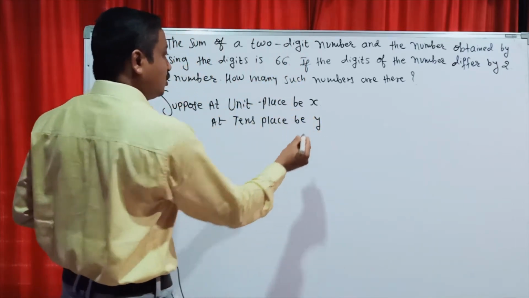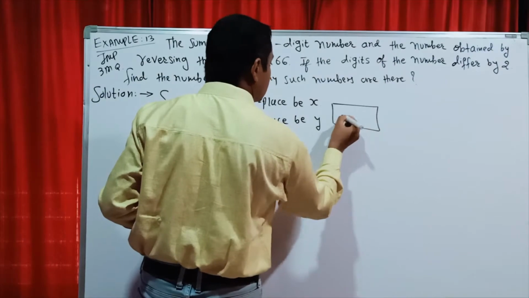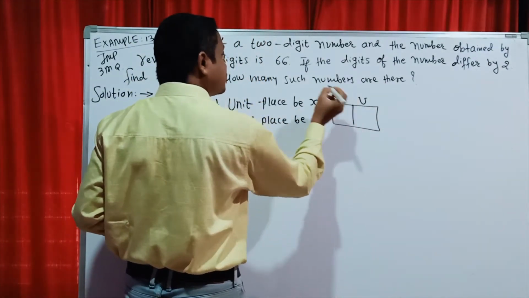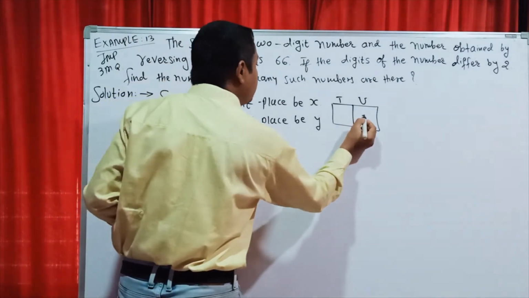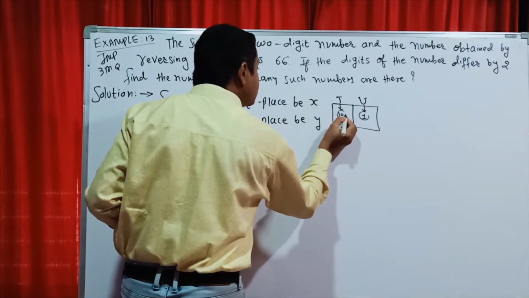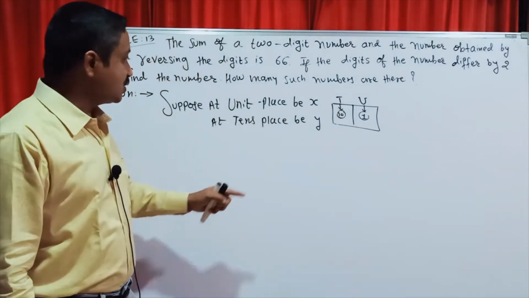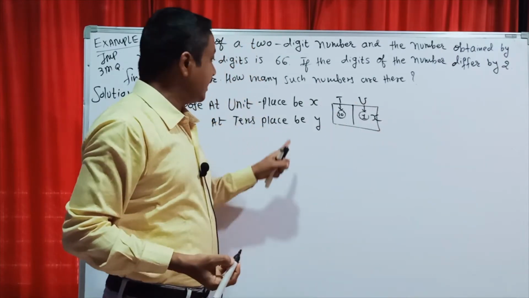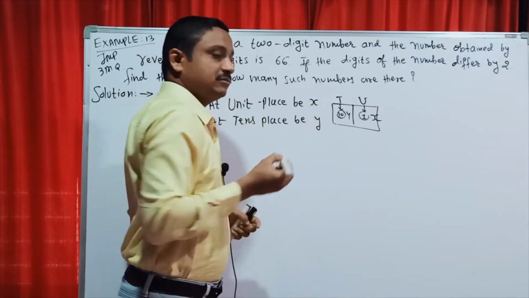Here U is for unit place and T for 10 place. Unit place is always multiplied by 1 and 10 place is always multiplied by 10. I assume here unit place is x, so multiply by x, and 10 place is y, so multiply by y.